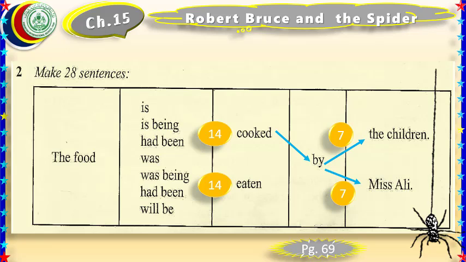Is that clear now? 14 plus 14 will be 28. Have we made 28 sentences? Yes, we have made 28 sentences. That is good. I think you know now how to make 28 sentences from this table.